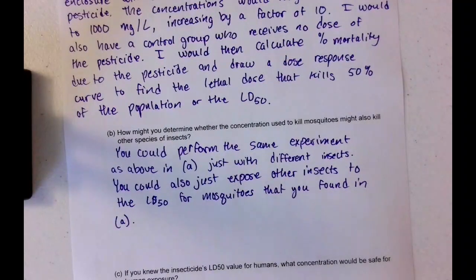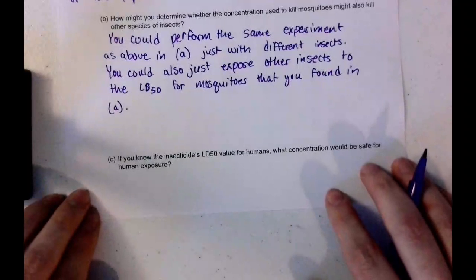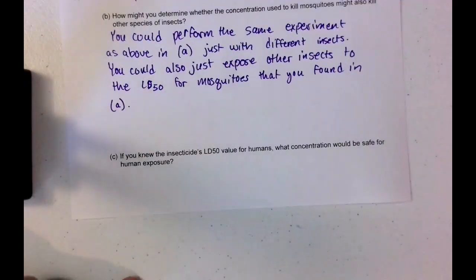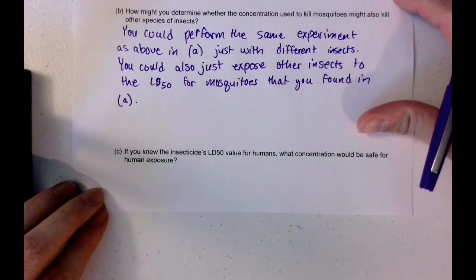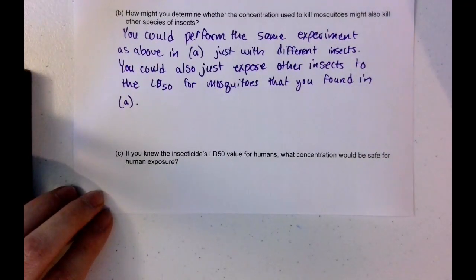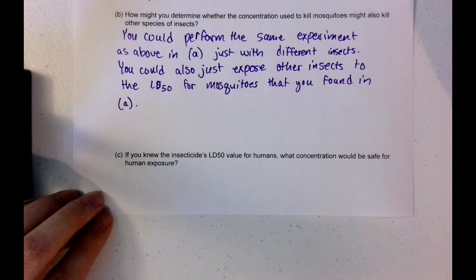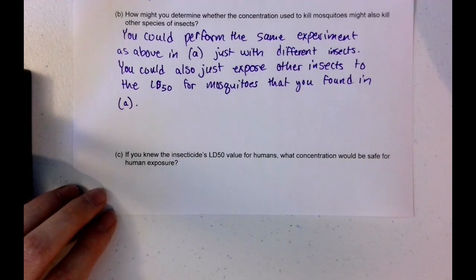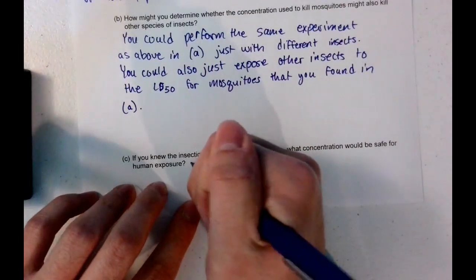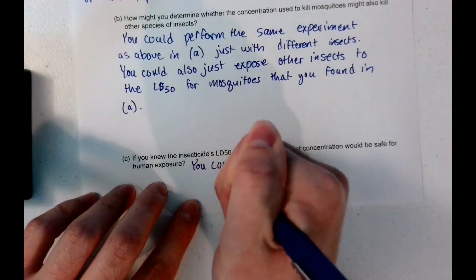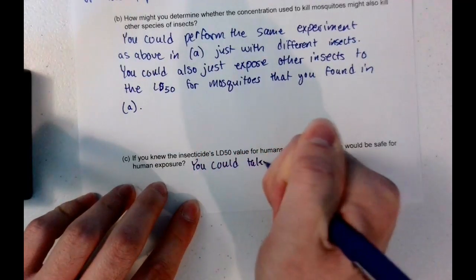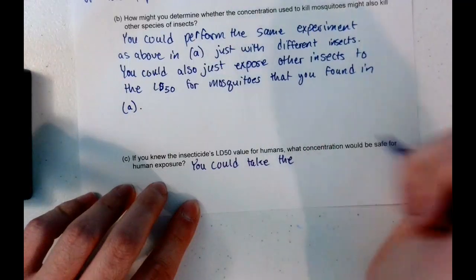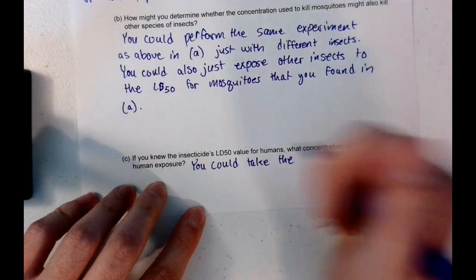Easy enough. All right, letter C, it says, if you knew the insecticide's LD50 value for humans, what concentration would be safe for human exposure? Okay, so this is the thing where they take the LD50 for mosquitoes or some insect or something like that. They divide it by 1,000, and that's the concentration that would be safe for human exposure. I think this should be mosquitoes.